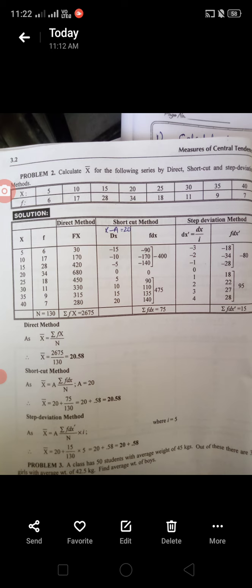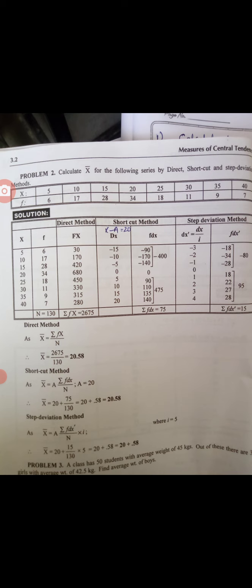So now if you have to find out f dx, that is frequency into dx, that is 6 into 15, 90, 17 into 10, 170, 28 into 5, 140, 34 into 0, 0, 18 into 5 will get 90, 11 into 10 you will get 110, and 9 into 15, 135, and 7 into 20, 140.